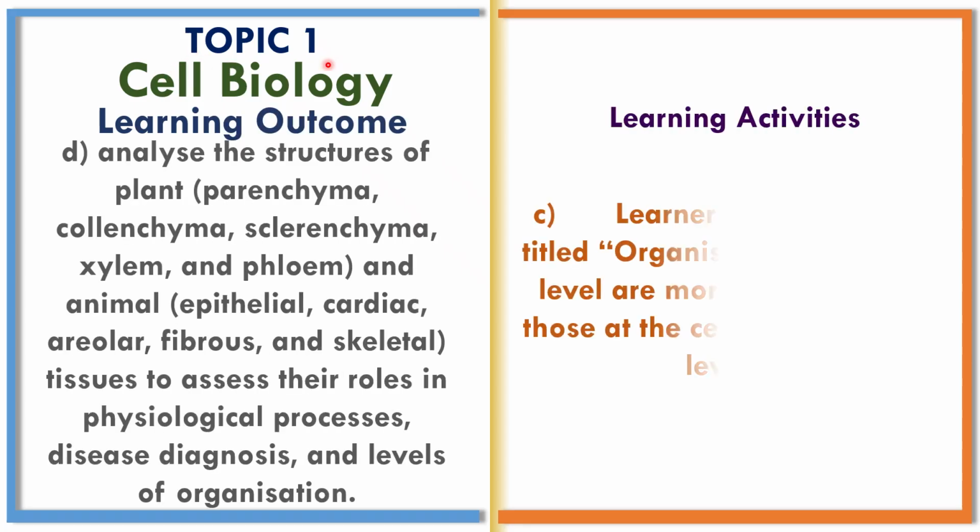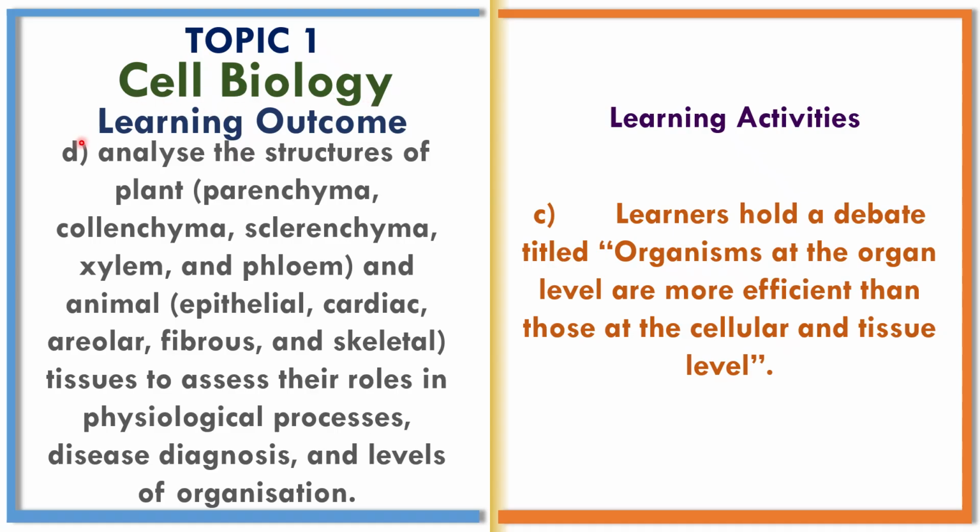Thank you for participating in Topic 1, Cell Biology, Learning Outcome D. Analyze the structures of plant: parenchyma, collenchyma, sclerenchyma, xylem and phloem, and animal: epithelial, cardiac, areolar, fibrous, and skeletal tissues to assess their roles in physiological processes, disease diagnosis, and levels of organization.